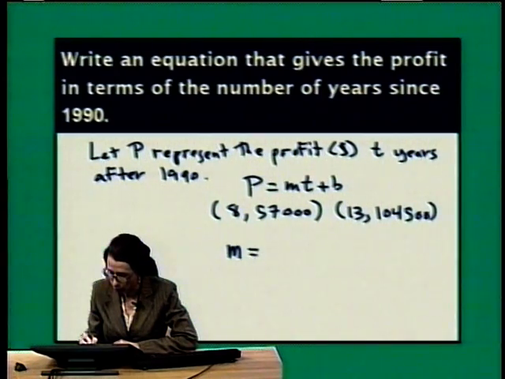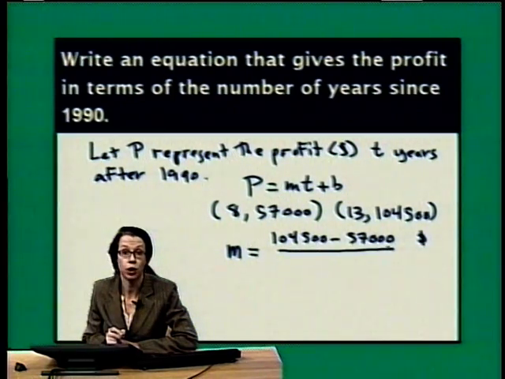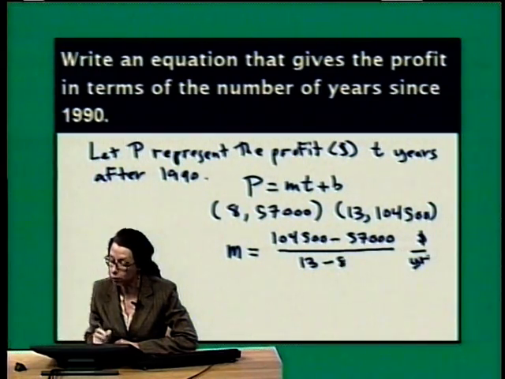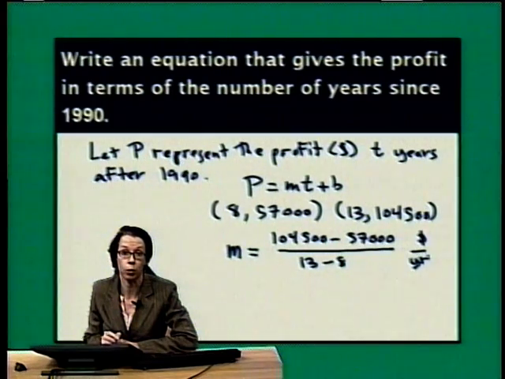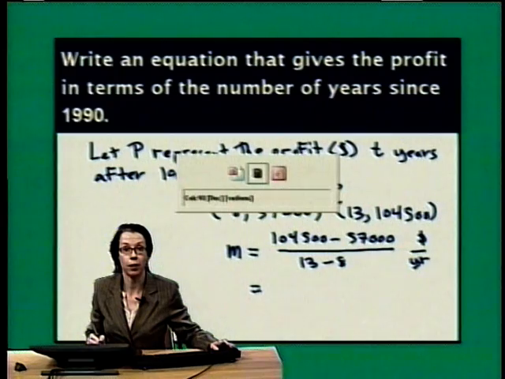So the slope is going to be the change in profit, $104,500 minus $57,000, over the change in time, which is going to be measured in years. So the unit of my slope will be dollars per year. I'm going to pull out a calculator to get a numerical value.